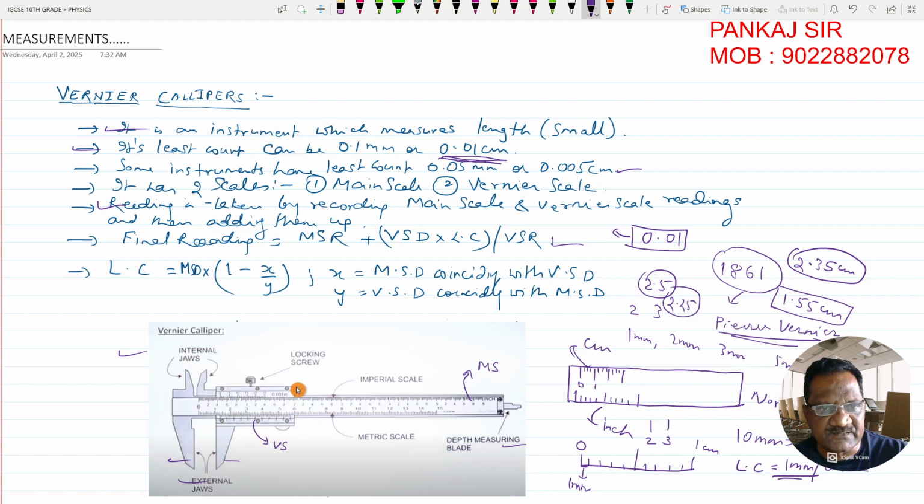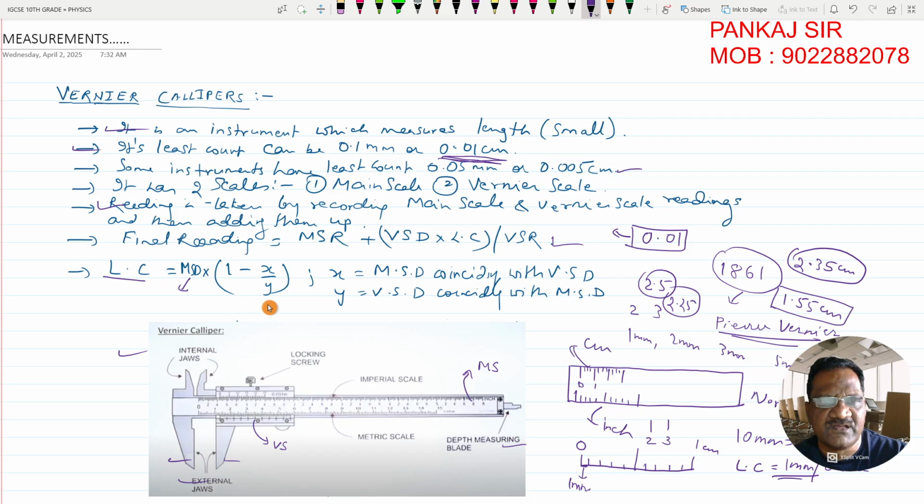There is a very general formula which says that the least count of a vernier caliper, LC meaning least count, is equal to MSD, the smallest main scale division, multiplied by bracket 1 minus x upon y, where x and y are what? X is the main scale division coinciding with the vernier scale division, and y is the vernier scale division coinciding with the main scale division.